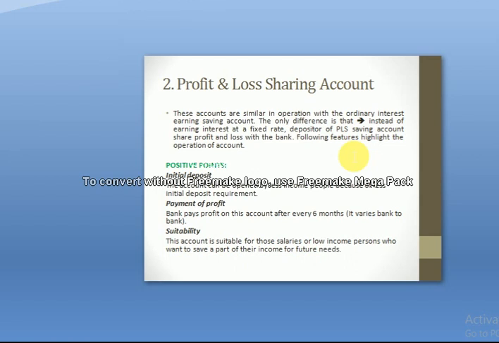Because there are restrictions on the drawings. So this is suitable for salaried persons who want to save a little money and utilize it for future needs. So these were the advantages of this account.